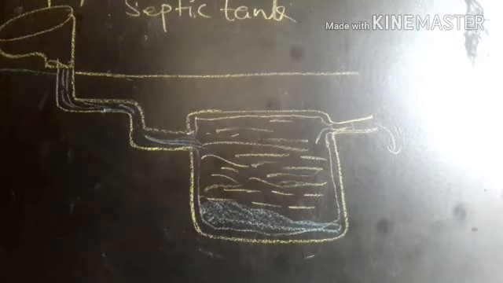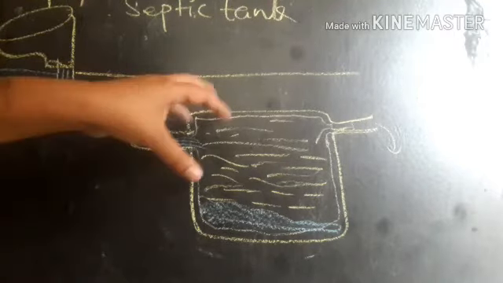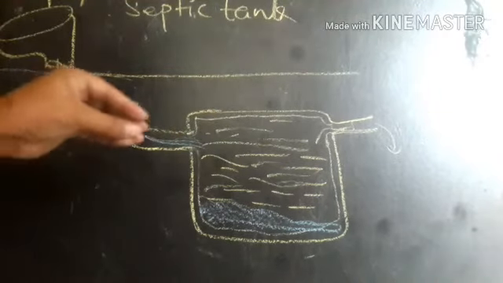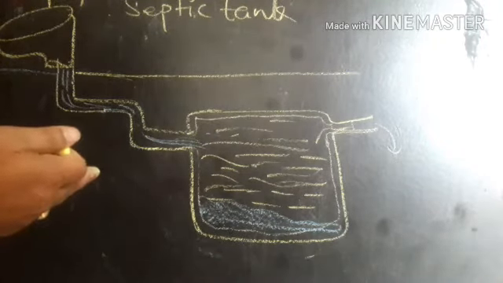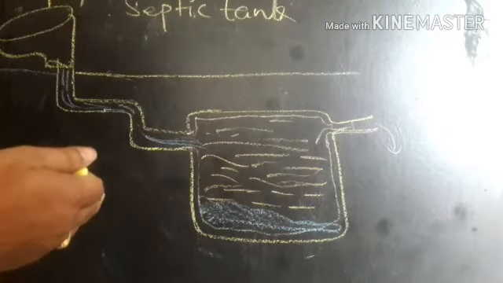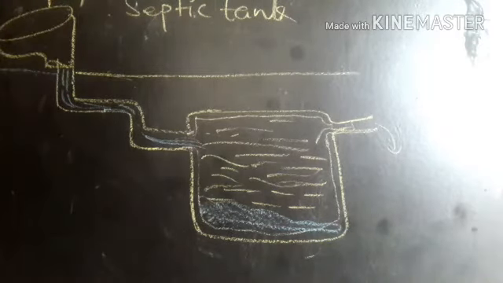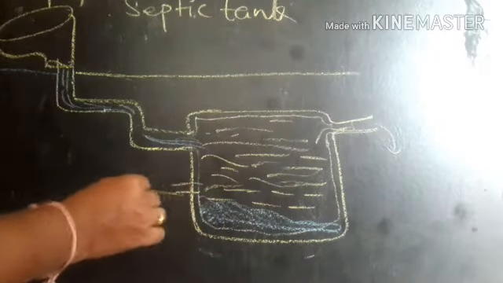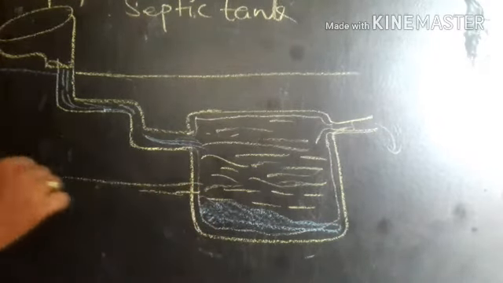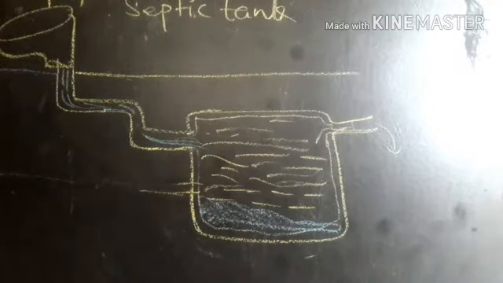In buildings, four to five houses collectively construct a single septic tank. In villages, septic tanks produce biogas, and the biogas is used as household fuel, but that is another matter.